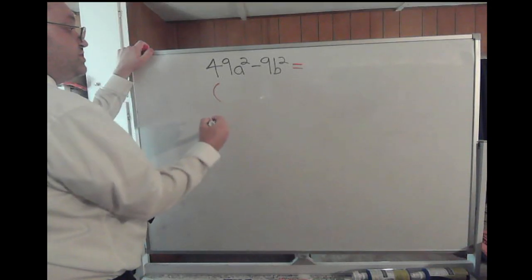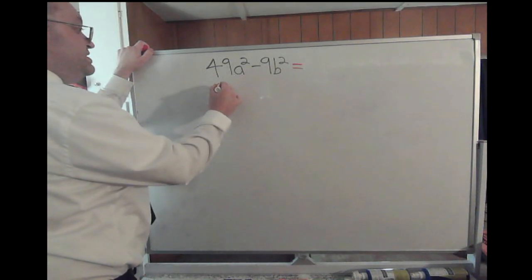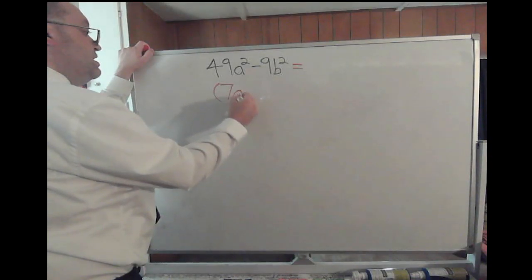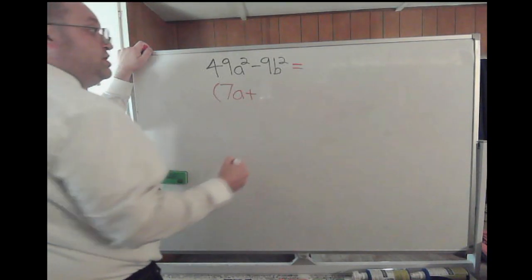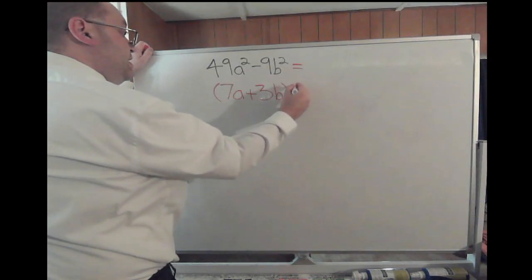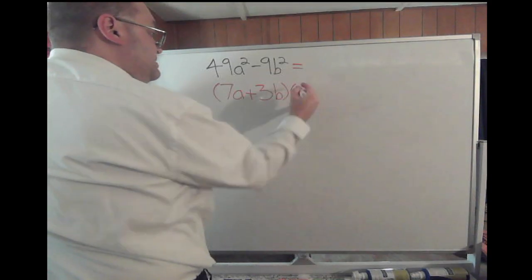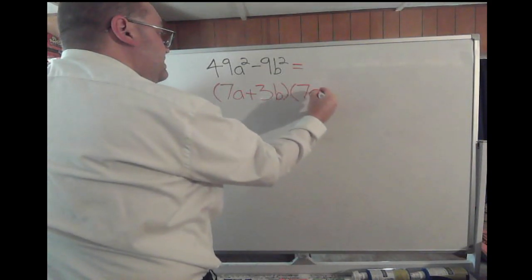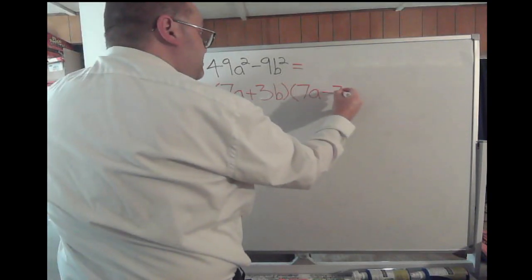So the square root of 49a squared would be 7a plus the square root of 9b squared, which would be 3b. That quantity times, again, the square root of 49a squared, which will remain positive, that'd be 7a, minus the square root of 9b squared, which would be 3b.